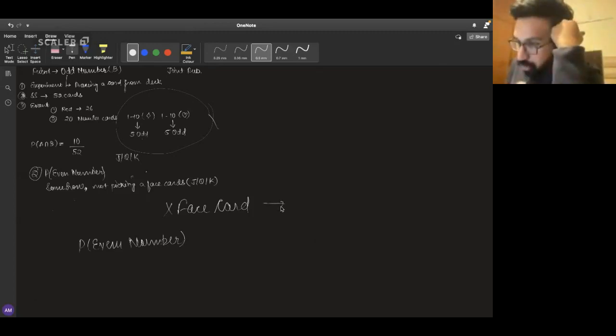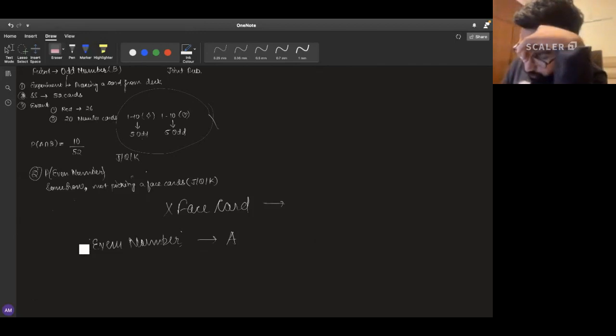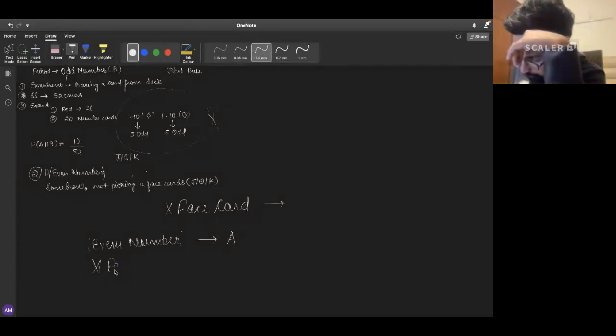The event of getting an even number, let's mark it with A. The event of not getting a face card, let's mark it with B.